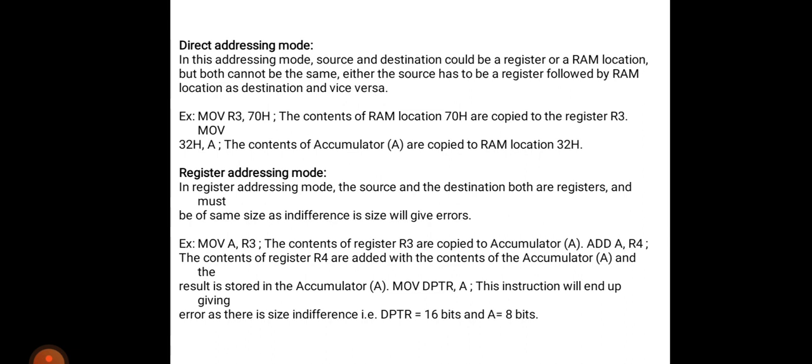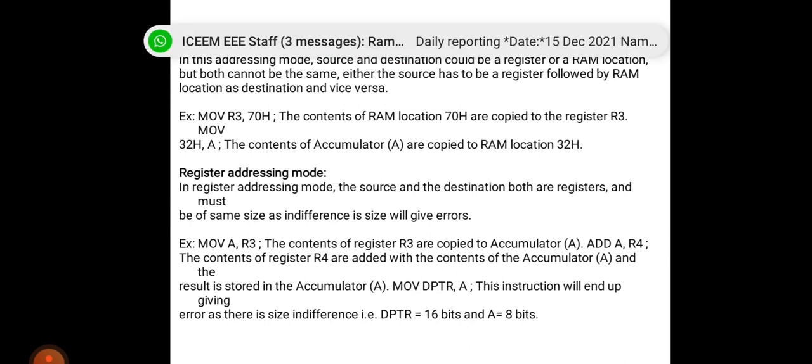Then next one is register addressing mode. In this register addressing mode, the source and the destination both are registers and must be the same size, as a difference in size will give errors. The data is specified in the registers for various operations as per given instructions.